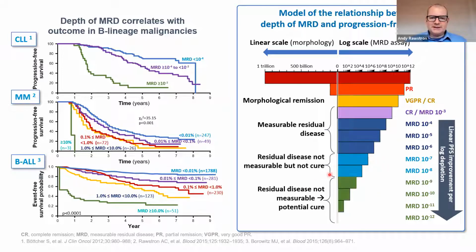The modeling suggests that you probably have to get below 1 in 10 to the 8 or lower to actually achieve a cure, so that patients would not die of their disease. But we have to make estimations of what's likely to happen based on the types of assessments that we can make in the laboratory, around 1 in 10 to the 4 to 1 in 10 to the 6.